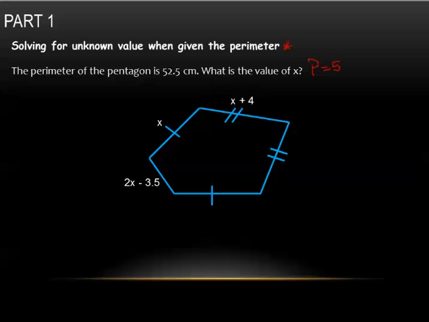So my perimeter is 52.5. And how do I calculate perimeter? No matter what the shape is. Well, unless it's a circle. Ferdeos, that's correct. The sum of the distance around.